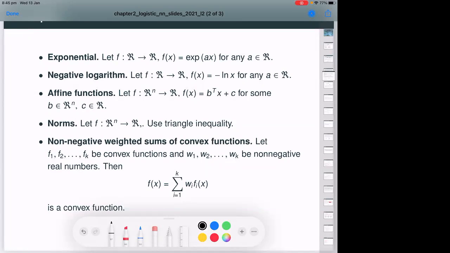The exponential function, is it convex and why? When you take the second derivative, it is positive. Yes, thanks. You take the second derivative, it is positive, convex. A negative logarithm.